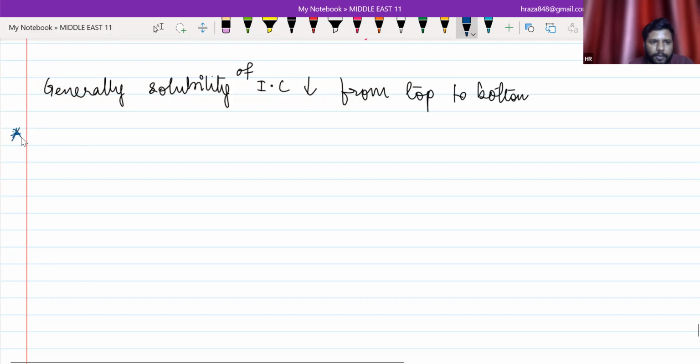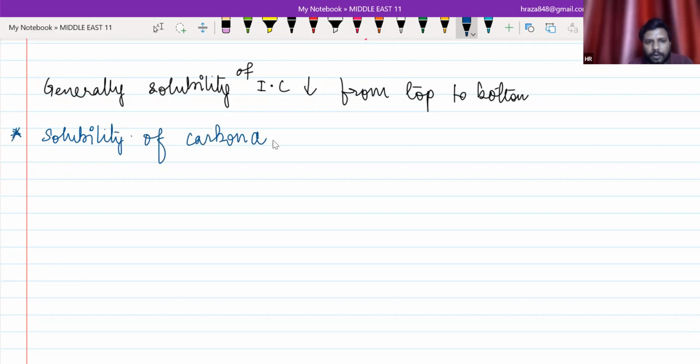And here is a star mark point. The solubility of carbonates of alkaline earth metals decreases from top to bottom.